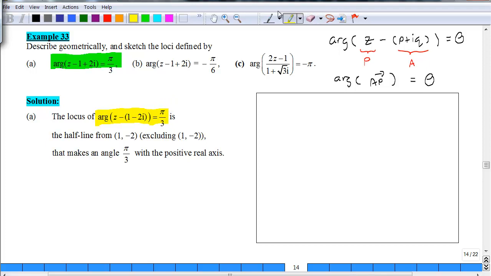So what it means is, in this case, let me just write it out for you. Z, the complex number, is represented by the point P, and 1 minus 2i is represented by the point A. The first thing we need to do is mark out the point A. You have the imaginary axis and the real axis.